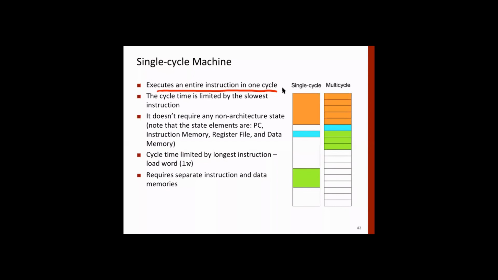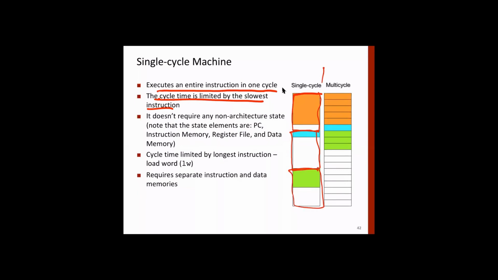For example, in RISC-V, which instruction takes maximum time? Load instruction. So cycle time is limited by the slowest instruction, and cycle time is fixed. This is the first cycle, this is the second cycle, this is the third cycle.